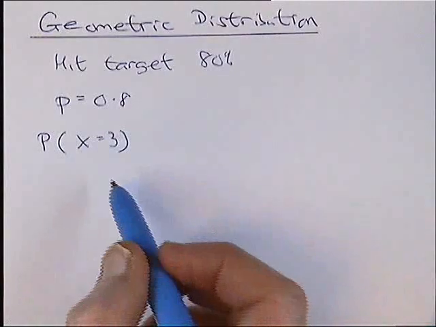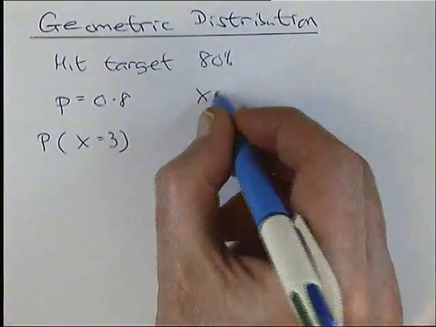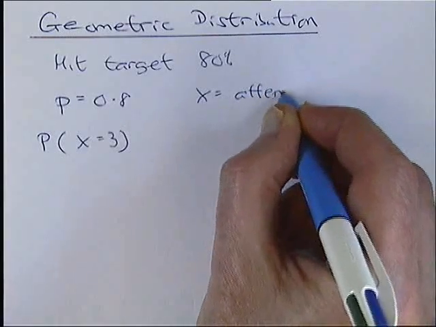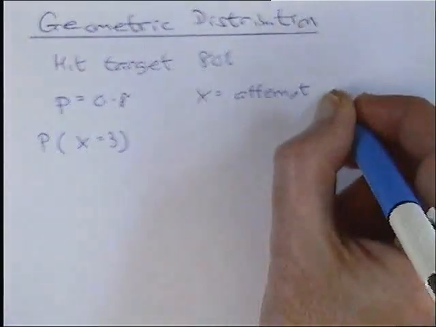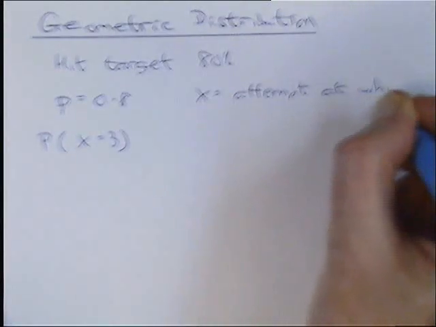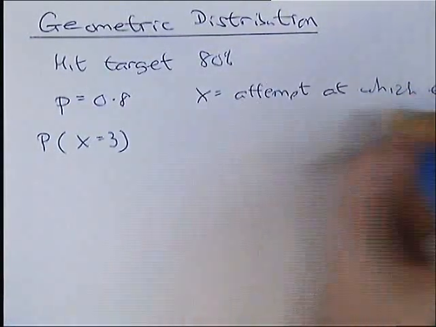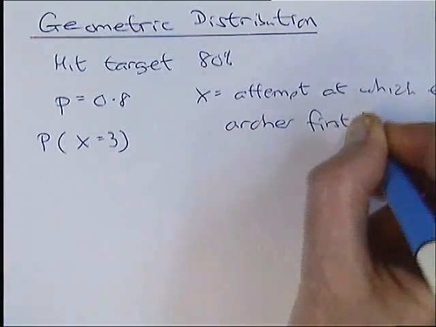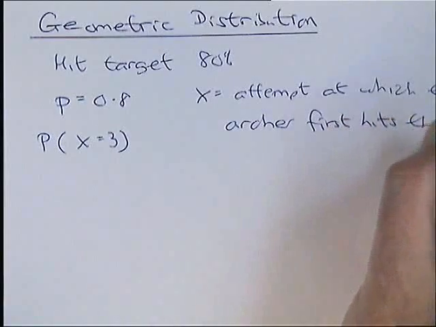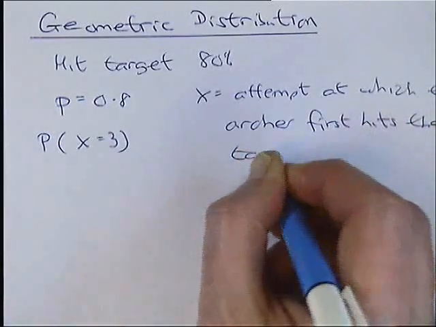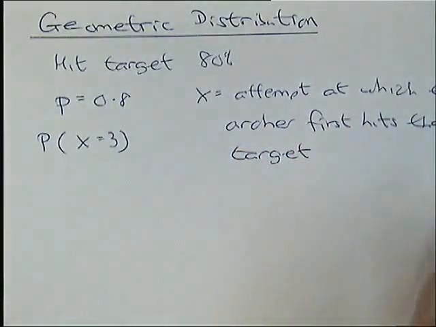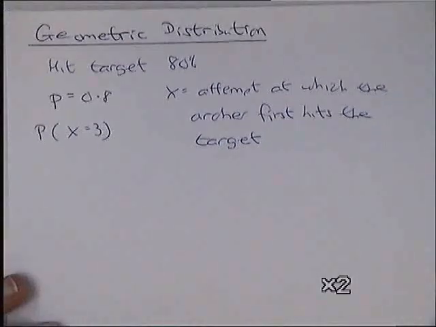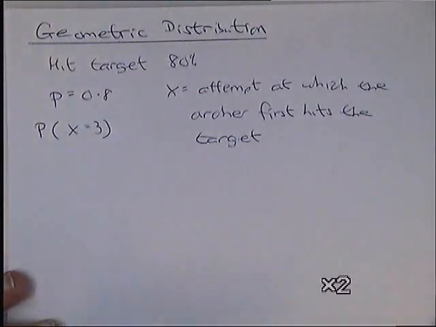But before I do that, I ought to say what x is. x is going to be the attempt at which the first success occurs, so it's the attempt at which the archer first hits the target. If x is 3, what I want to know is the probability he or she hits the target for the first time on the 3rd throw.